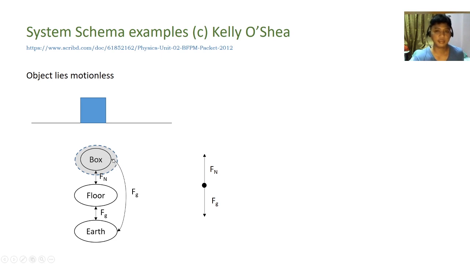And by figuring that out, you can now create a free body diagram, which lists all the external forces acting on your system. And your system in a free body diagram is reduced to this small dot in the middle. And these two forces are the external forces acting on your system.